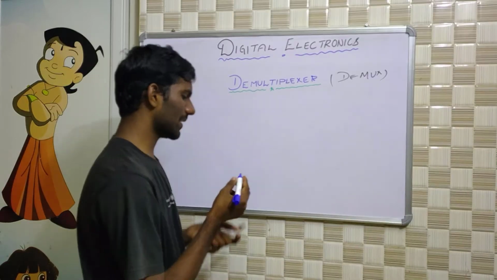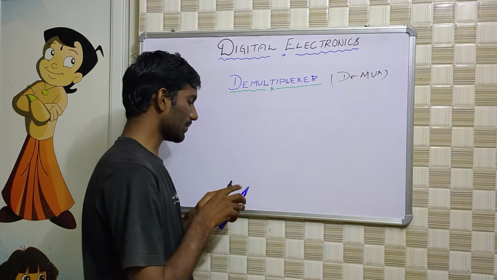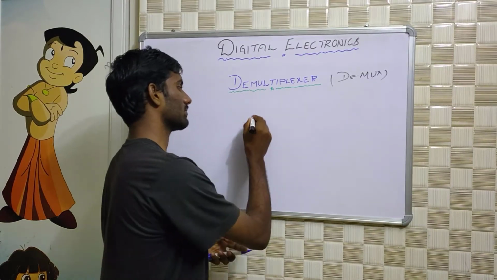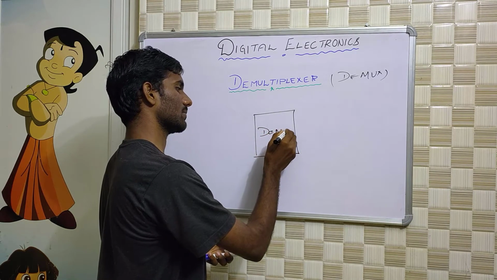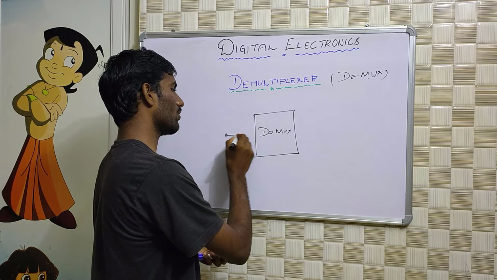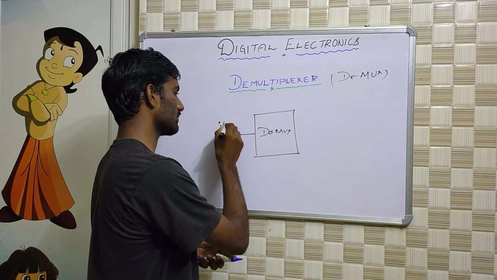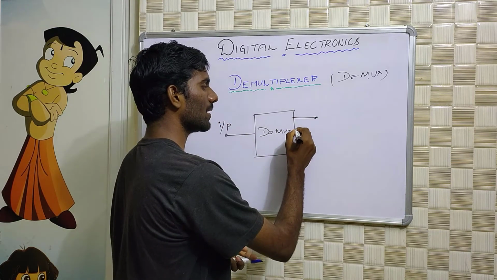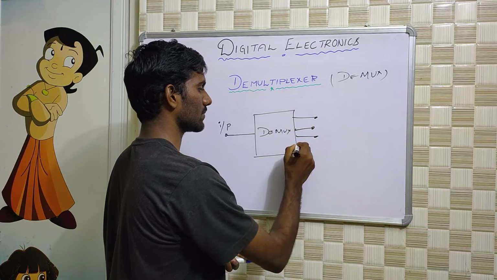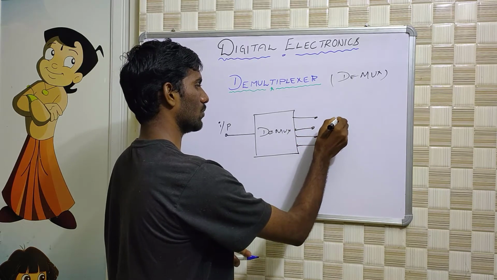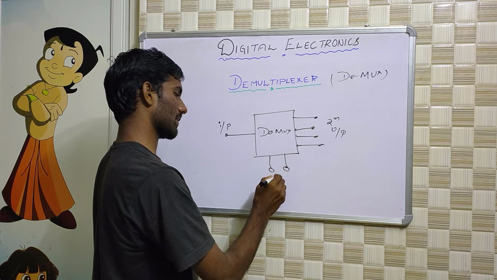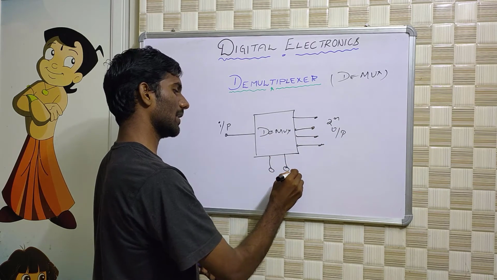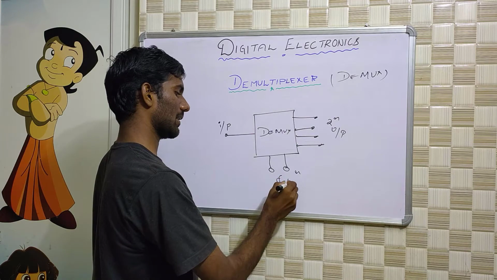So we'll see the general block diagram of a demultiplexer or DMUX. There will be only one input line, 2 power n output lines, and n selector lines.